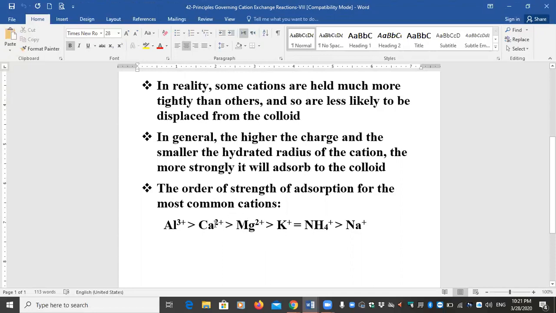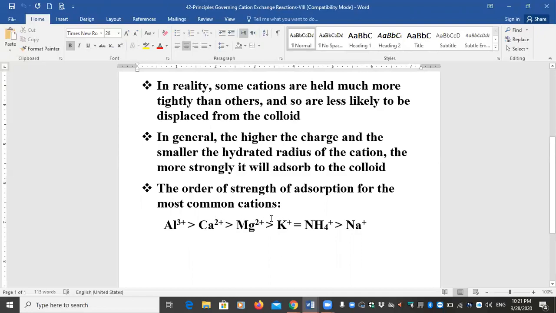Calcium and magnesium are both divalent. Why is calcium held stronger than magnesium? Remember, that is because of the size of hydration. It has a smaller hydrated size, so the density of the charge will be higher, so it's attracted stronger to the negatively charged surface of colloids.